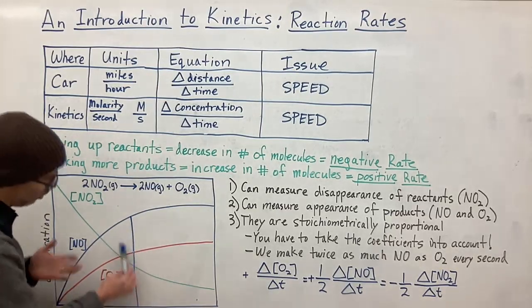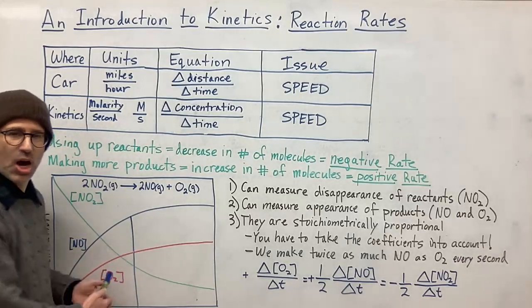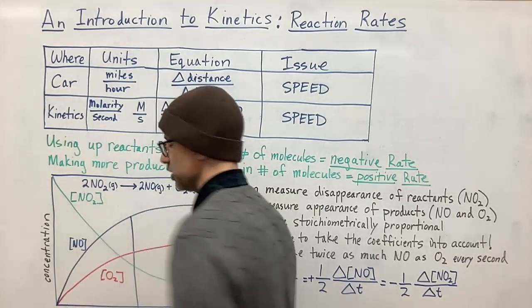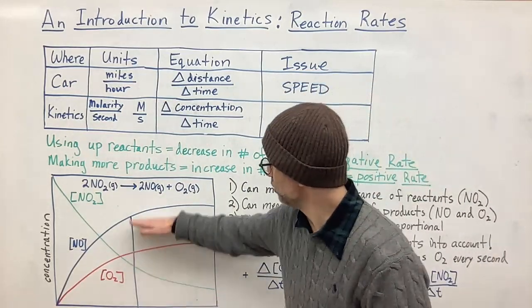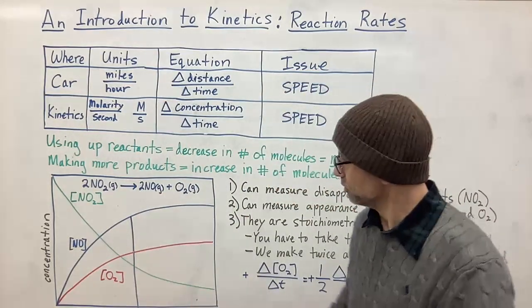It's not quite double, but it should be. It's not drawn to scale, so you'll have to just deal with my artistic abilities. But that's what you should see here.